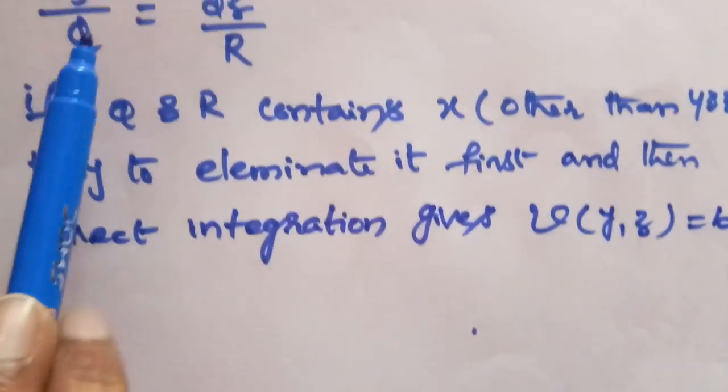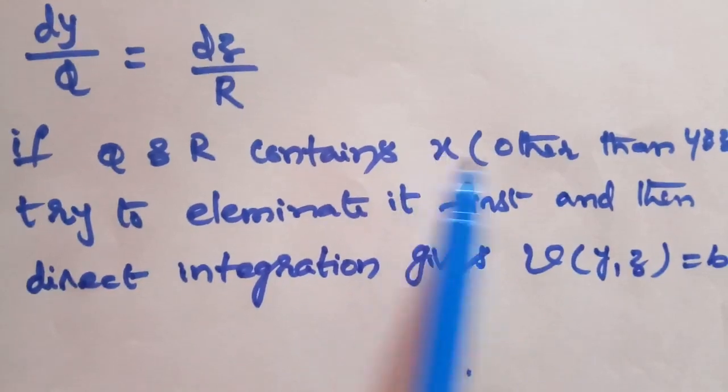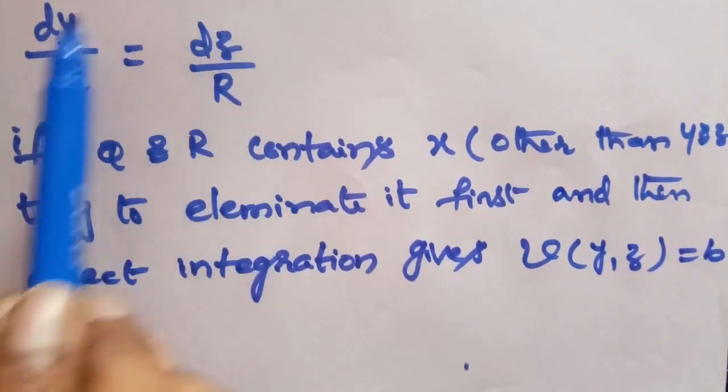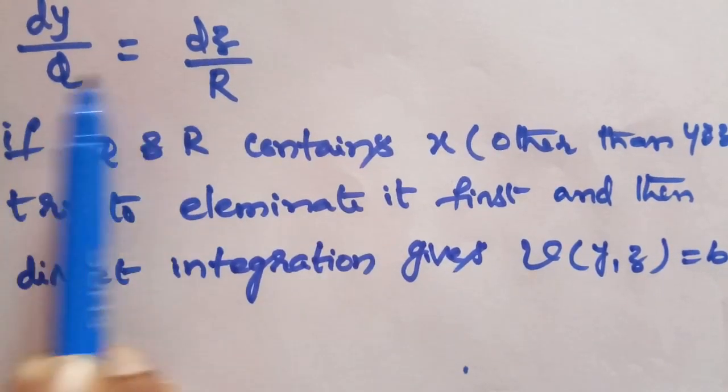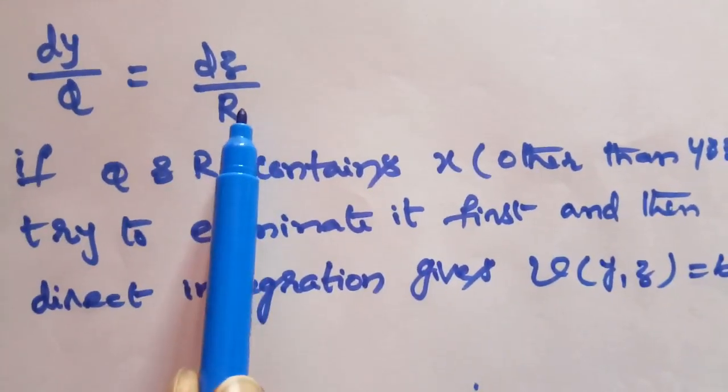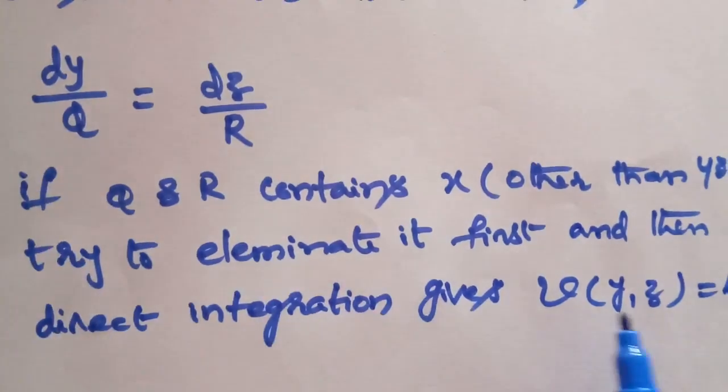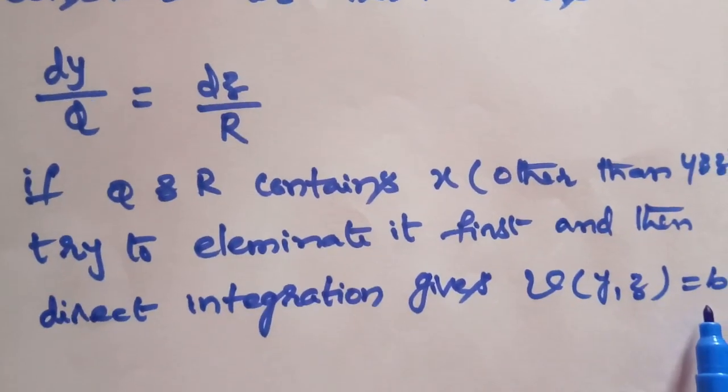As explained earlier, first try to eliminate x other than y and z involved in this equation. After that, by using method of separation of variables, the direct integration gives the solution v of y comma z is equal to b.